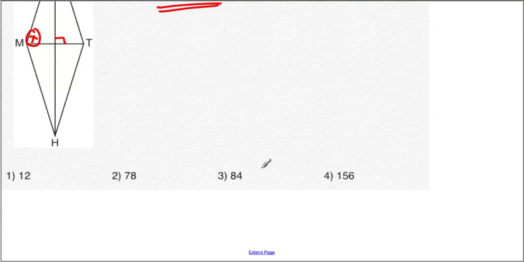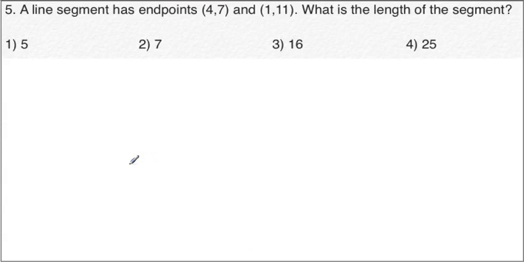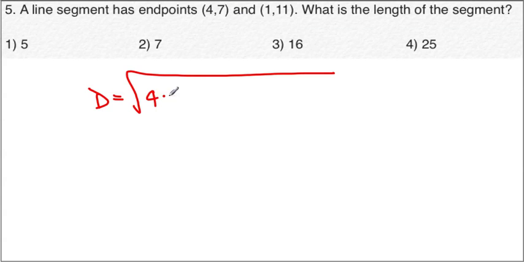So here we go. Number 7. So we have length. On a coordinate geometry, we just have to go for the distance formula. Then here, 4 minus 1 squared plus 7 minus 11 squared.